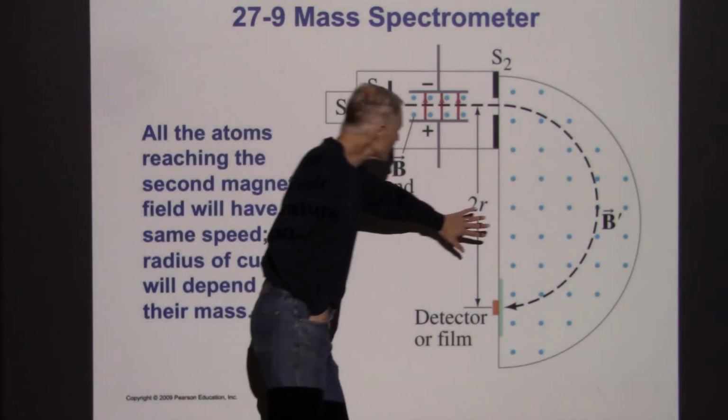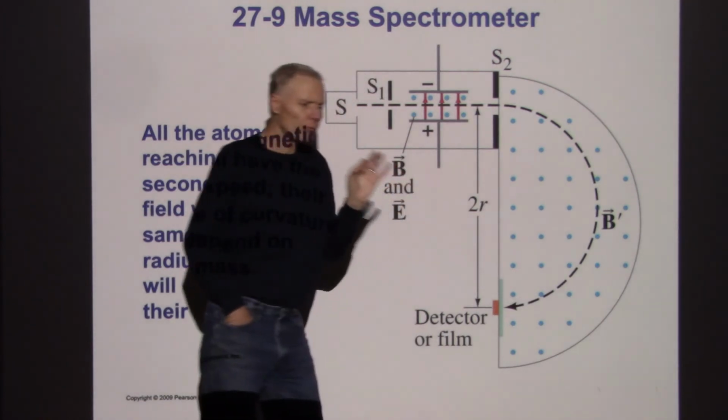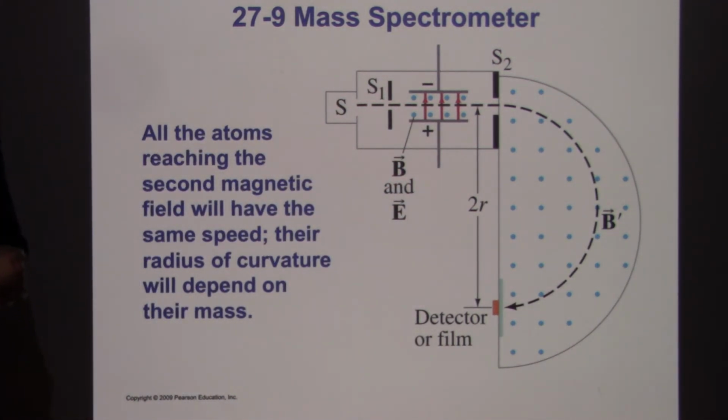So we can set up a series of detectors. We can send in a bunch of molecules. So let's say we have a bunch of molecules of some compound, we've generated it, we want to find out what its molar mass is. We want to find out how much mass is in this new compound that we've generated. So we can vaporize the compound, create individual molecules, and then we can ionize it by sending it into a high voltage region, and we can pull off an electron.